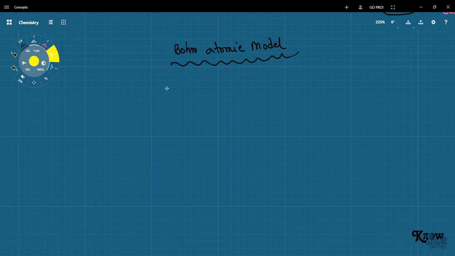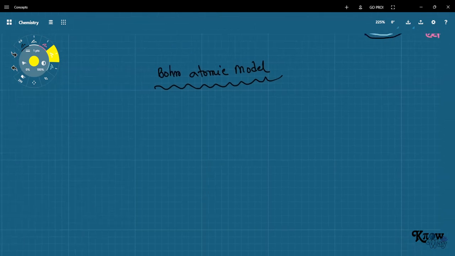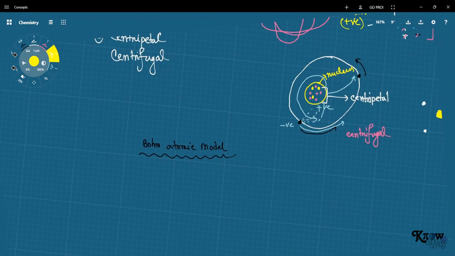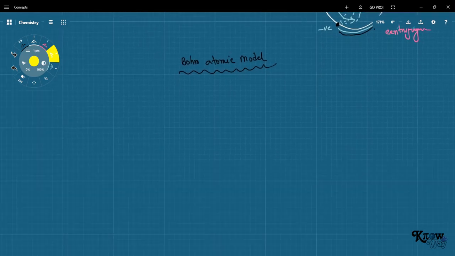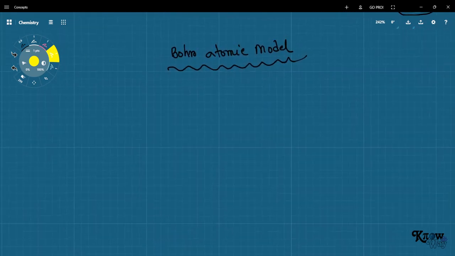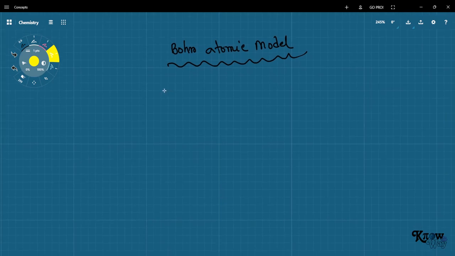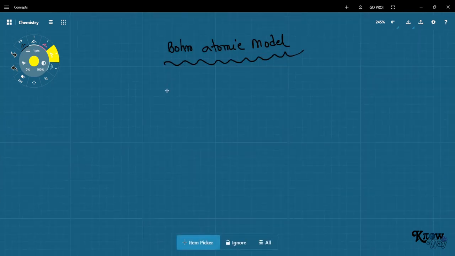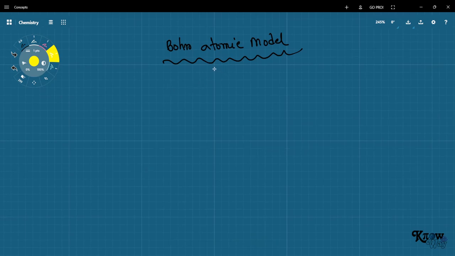First of all, it talks about the limitations of Rutherford's atomic model as per Maxwell's theory of electromagnetism, which says that if an electron is revolving around a particular radius keeping the same distance, it will eventually emit energy, and due to it, it will eventually fall into the nucleus.